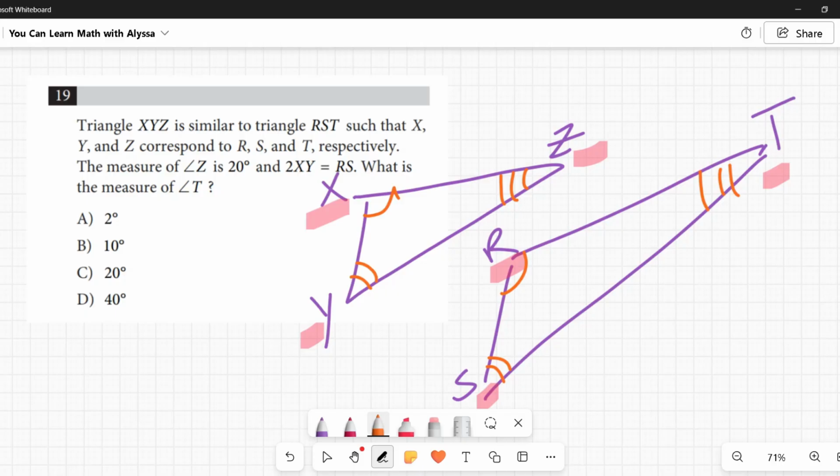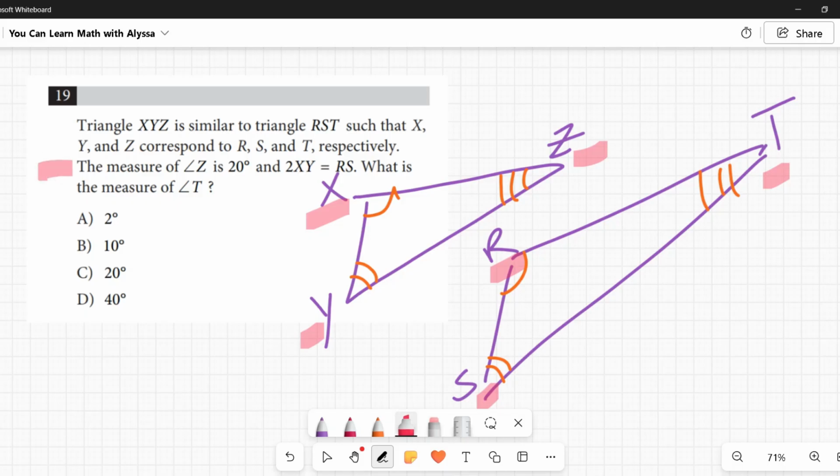The lengths of their sides are proportional. Unless we are given exact information, we're not going to know exactly the lengths of the sides. All I know at this point is that I have these two triangles and their corresponding angles are the same, congruent, and I've marked them on this picture.